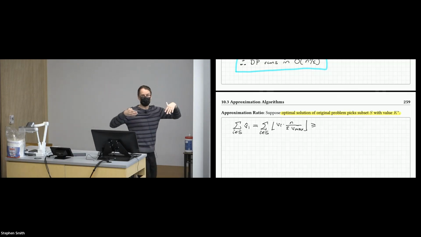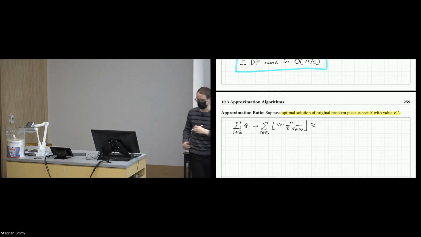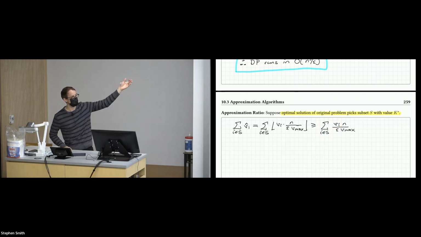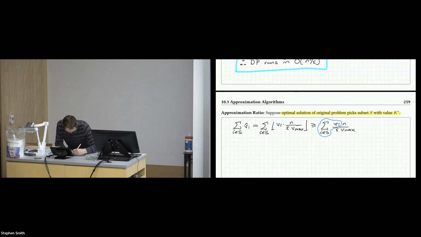The floor makes a number smaller, so if I just drop the floor, then I get greater than or equal to the sum from i in S of vi n over epsilon v max. And then you see right here, that's the sum of the real values in the optimal solution, right? S is the true optimal solution. So this part right here, that is K star.